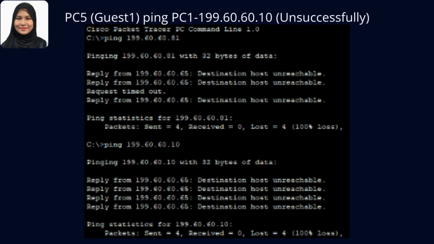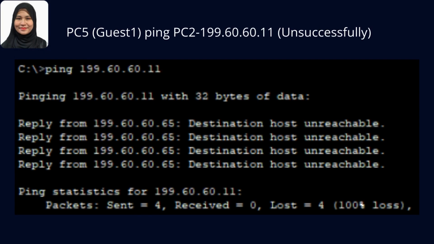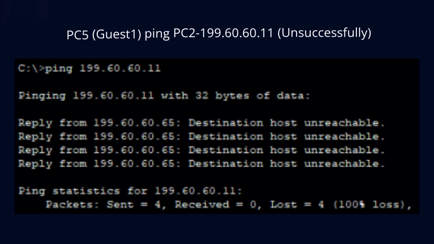Okay, next for guest1, which is PC5. Ping to PC1 is unsuccessful, as we can see here there is 100% loss, which is successful for us because this is the main objective of our project. Same goes for guest1 ping to PC2, unsuccessful.